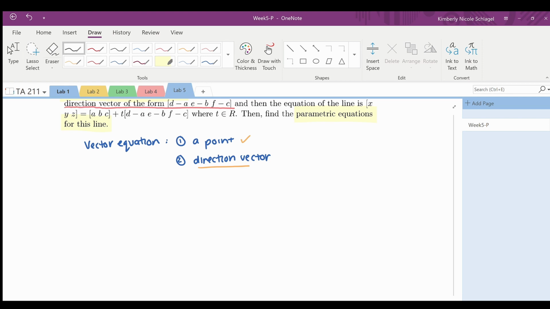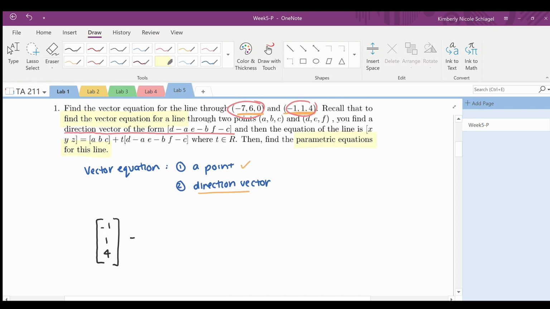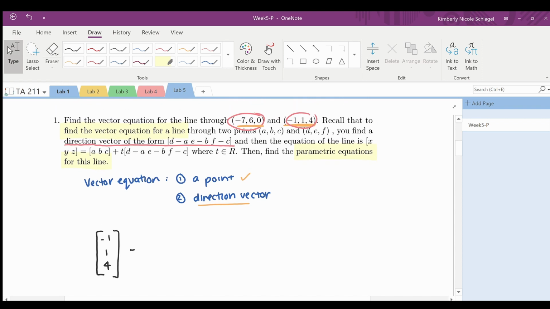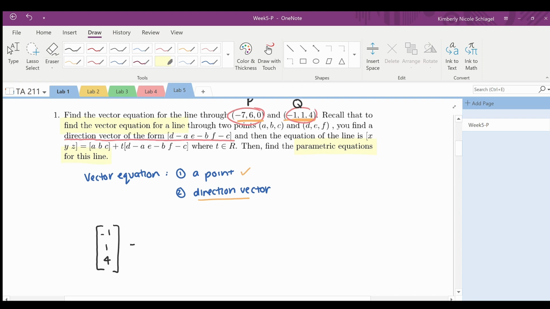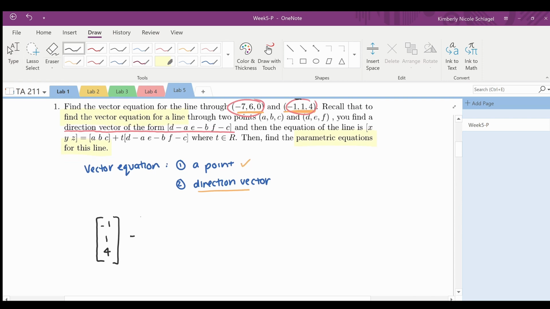So if you wanted to find a direction vector, you could just take your one vector here. We're going to label them P and Q. We're just going to call our vectors these symbols. And so we have Q minus P.